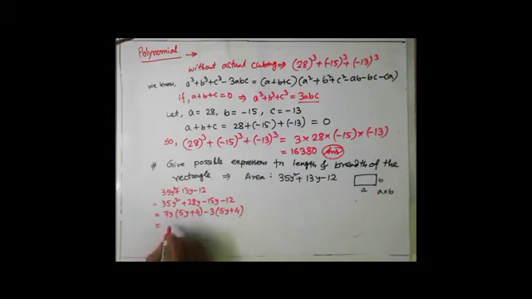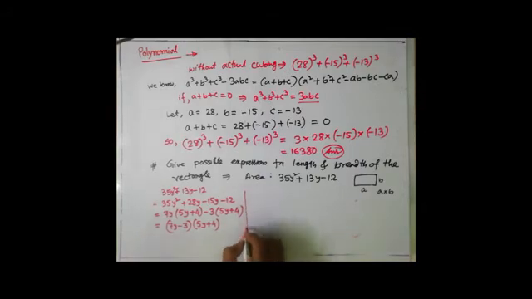Just take the common factor, nothing else. So that will give you 7y minus 3 into 5y plus 4. It can be done in a different way also. I am going to solve the same problem in a different way.